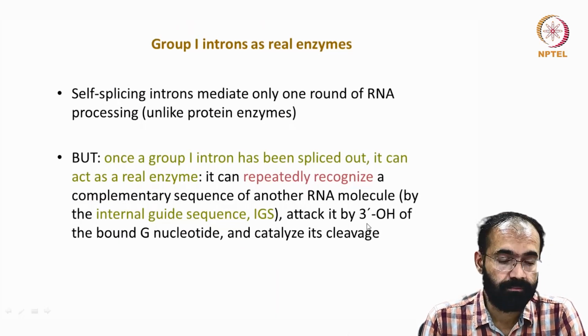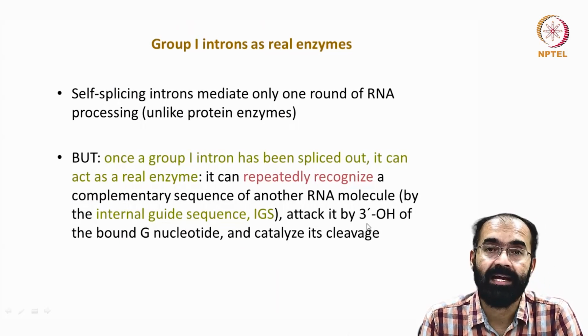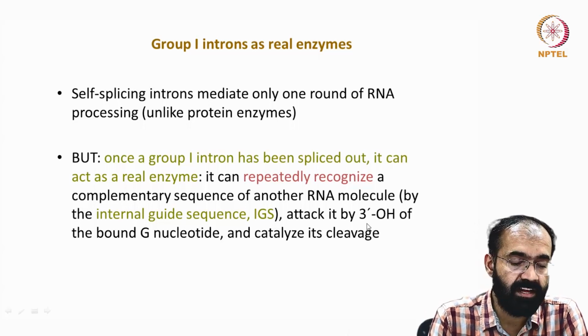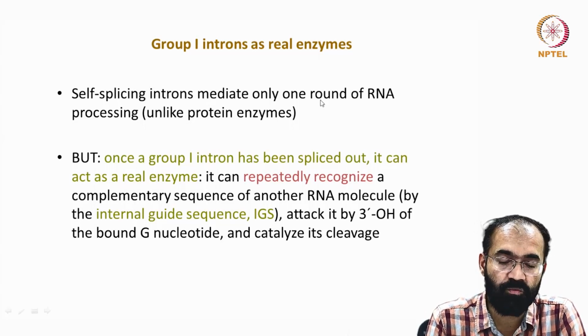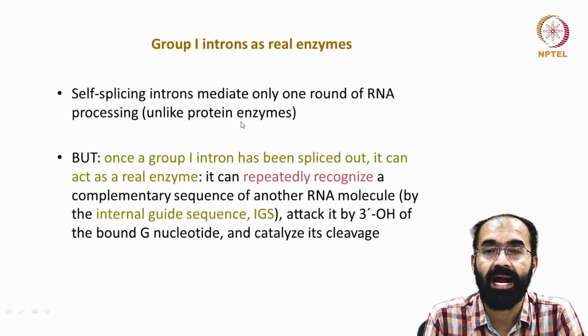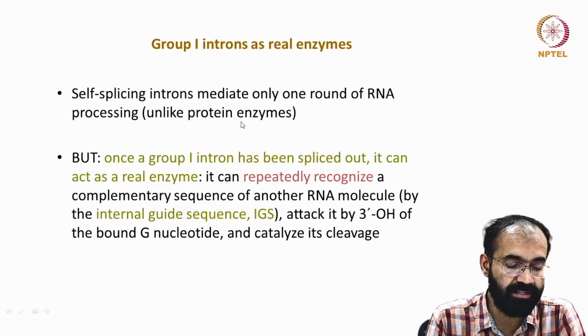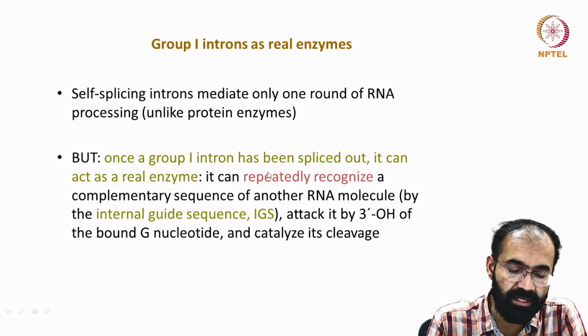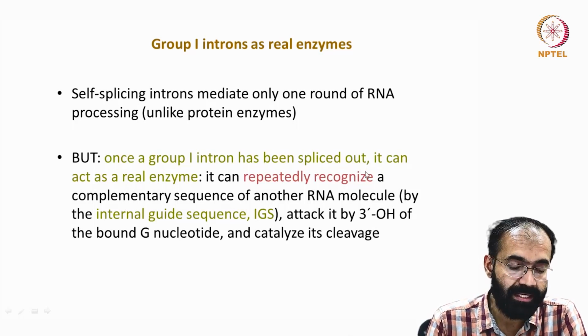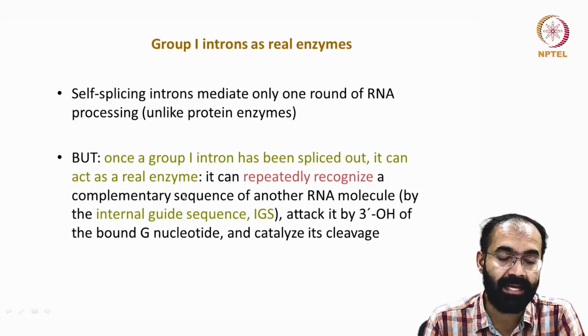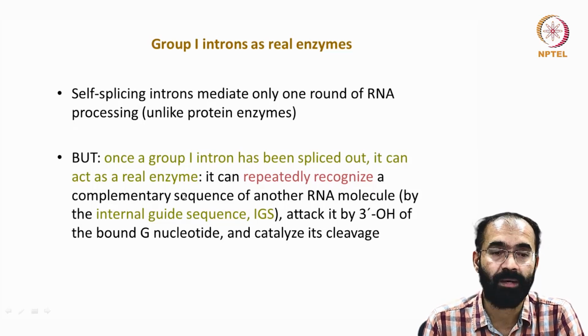So group 1 introns are acting as the real enzymes. Self-splicing introns mediate only one round of RNA processing, unlike the protein enzyme which we already discussed. But once the group 1 intron has been spliced out, it can act as a real enzyme other than the splicing function.